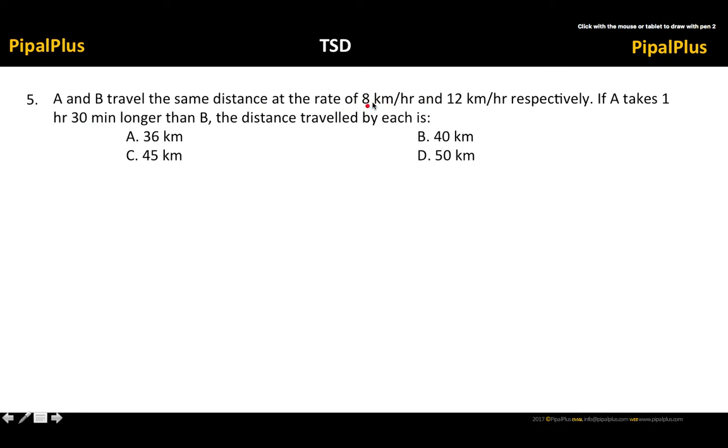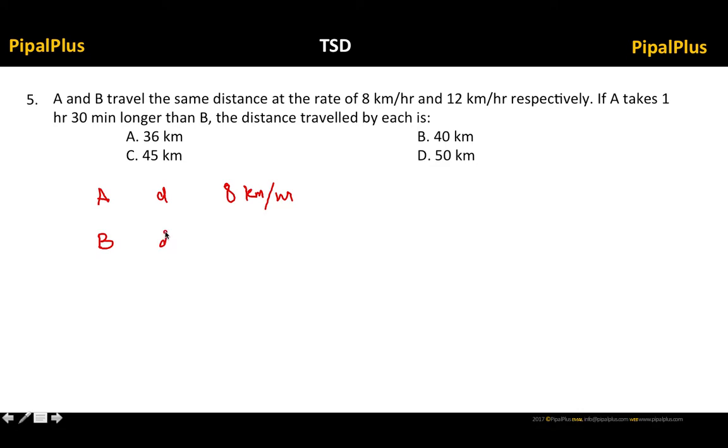For two different situations, situation A and situation B, basically the distance is same, right? Now let's look at how A's situation pans out. So A is covering whatever distance at 8 kilometers per hour, right? And let's say A takes, we'll come to the time here. Let's look at B's situation.